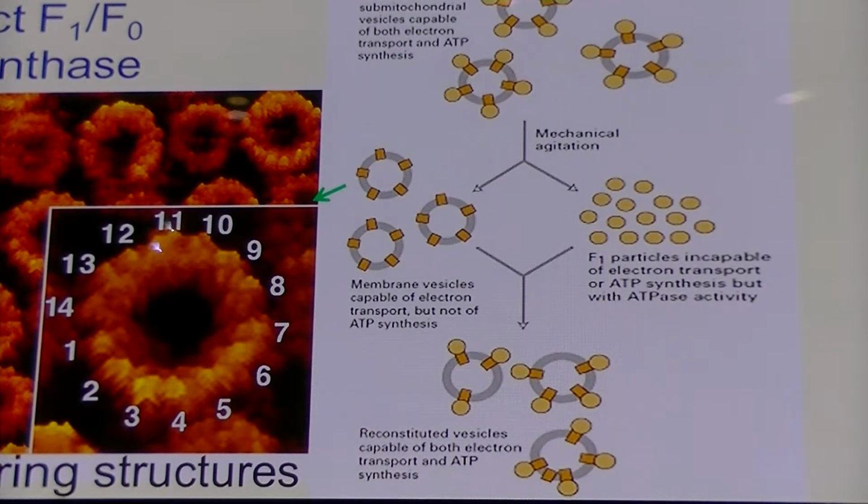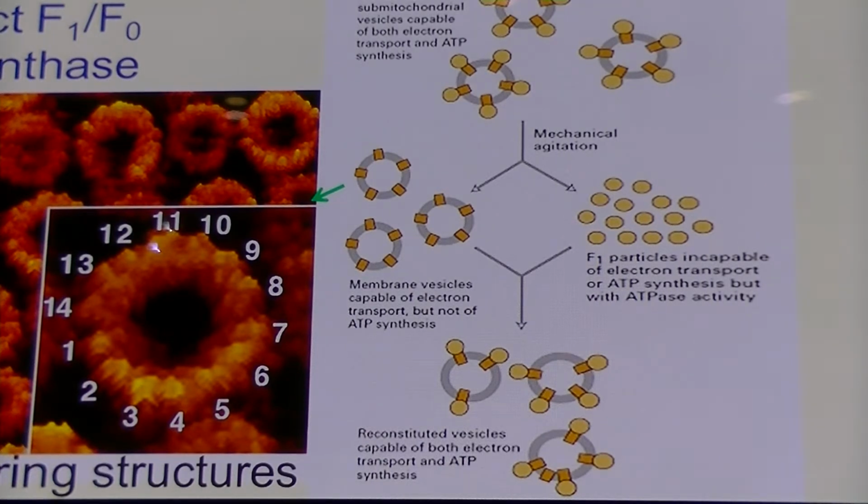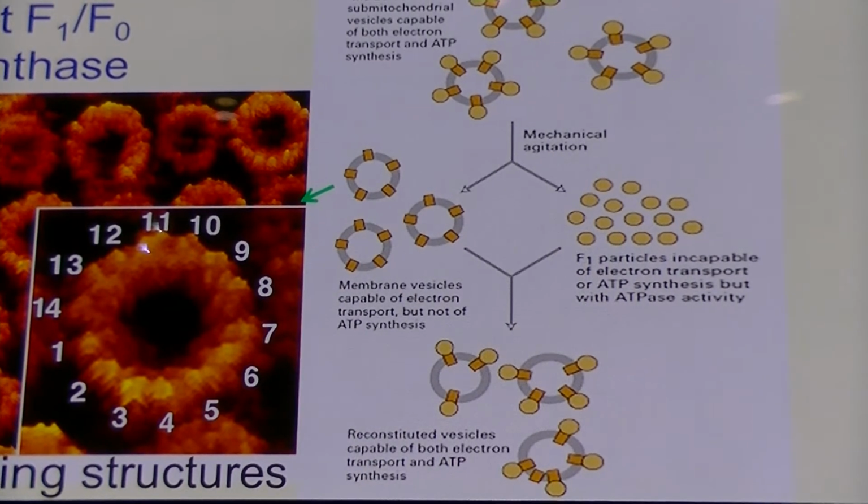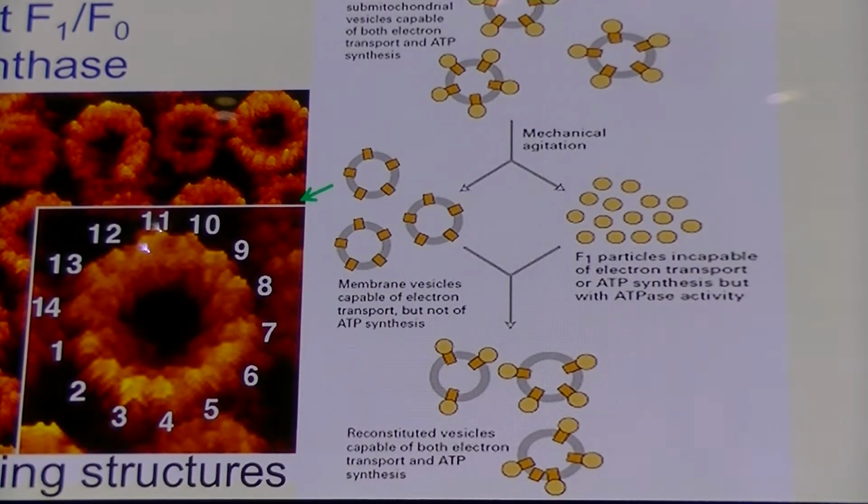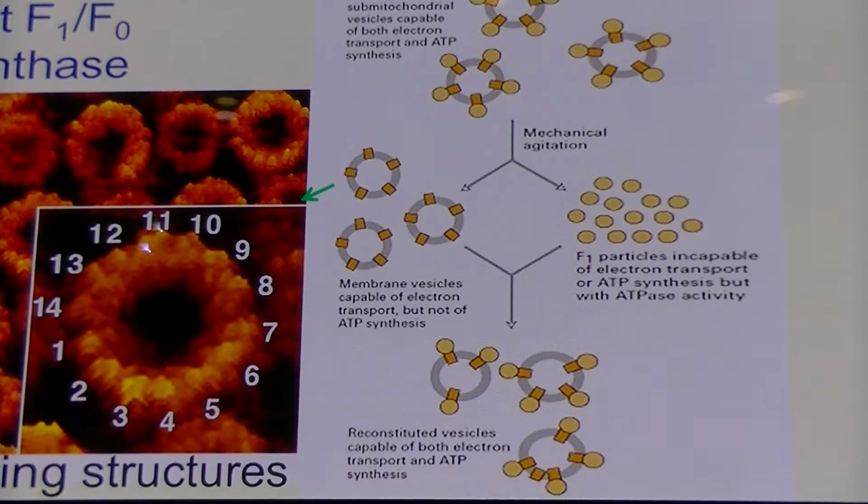Now, I don't want to go too much into detail of how this system works. The idea is that the FO part, the channel part, is linked to a system that makes for a rotation that generates or affects, if you want, the binding sites of ADP and inorganic phosphate on the F1 part.